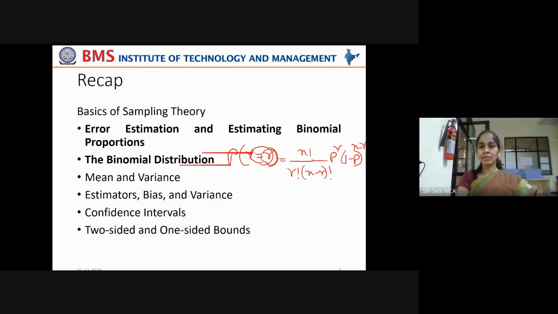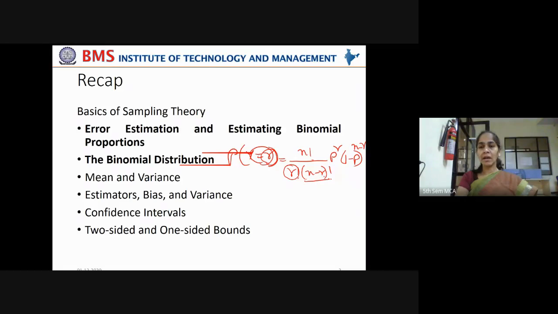That can be expressed as n factorial, the number of coin tosses, divided by r factorial, the number of times head is seen on top, and n minus r factorial, the number of times tail is observed, the opposite of the event we are interested in.